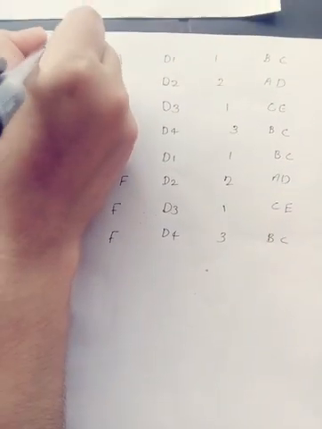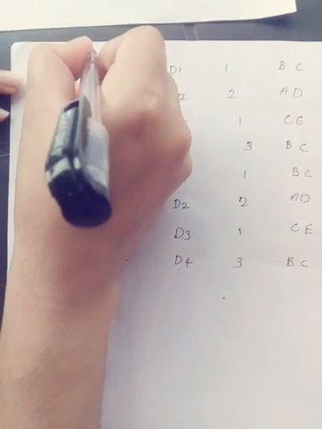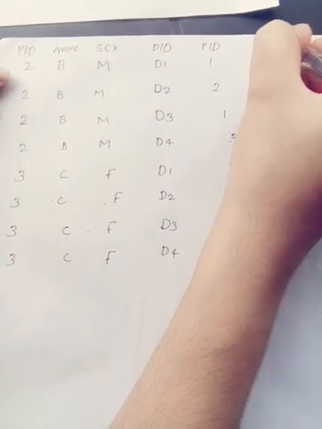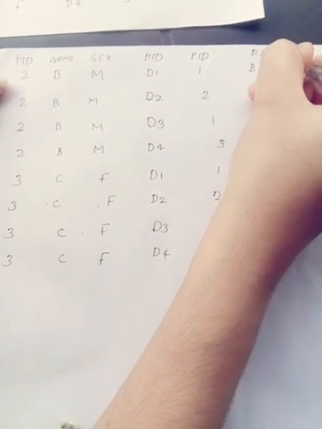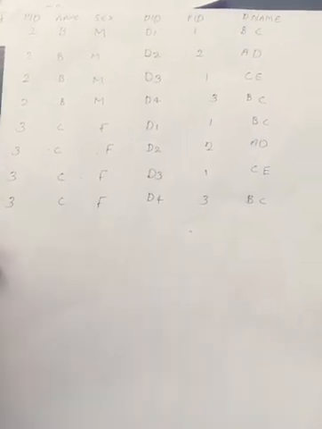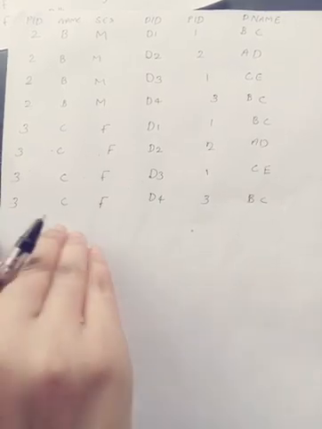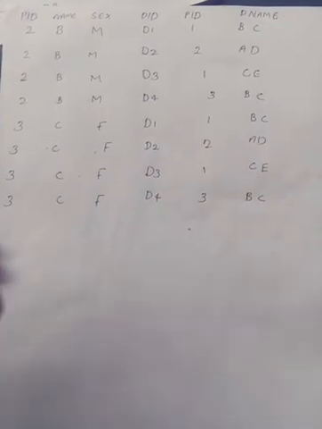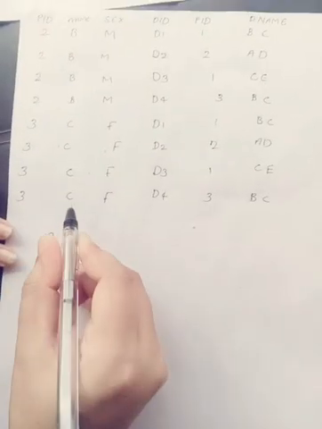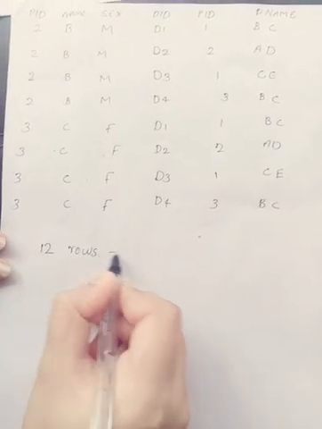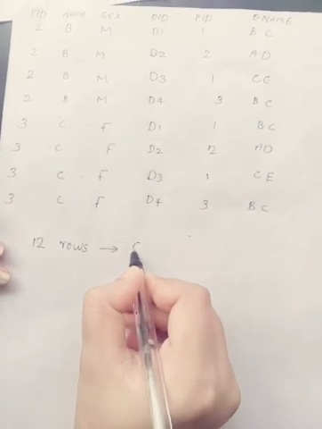These are the columns PID, name, sex, DID, PID and DName. So this is the output of select star from patient, comma, doctor, or the output of cross join. So how many rows are here? Here 12 rows are there. This is cardinality.